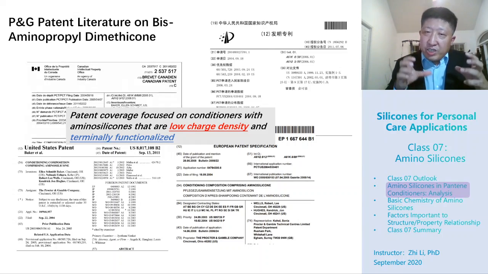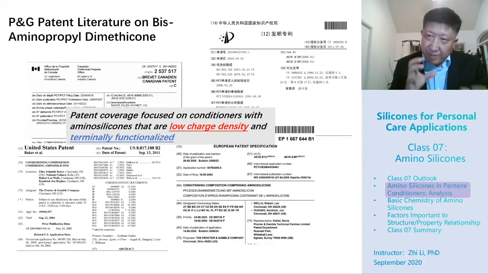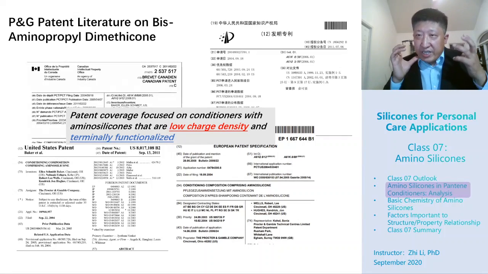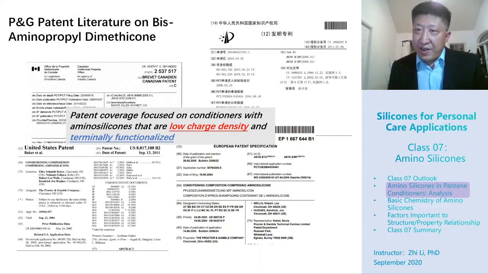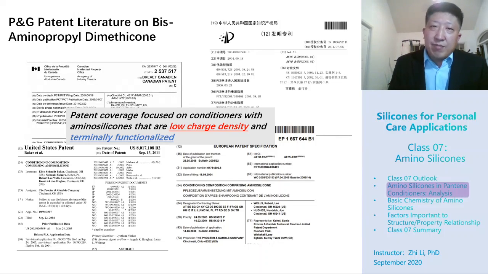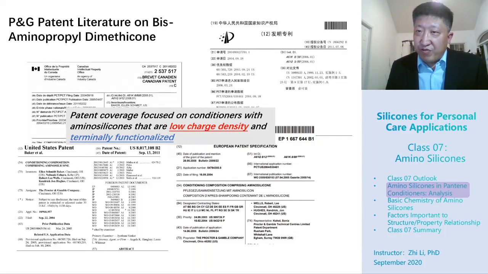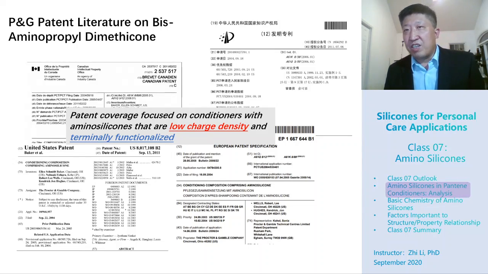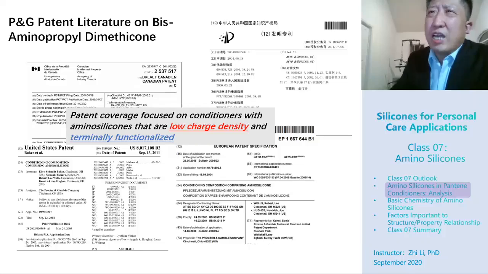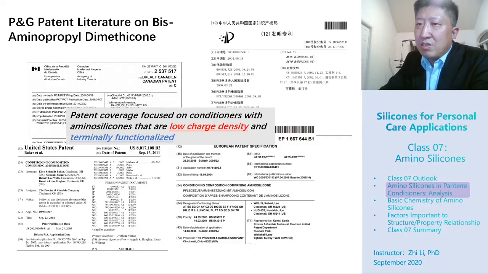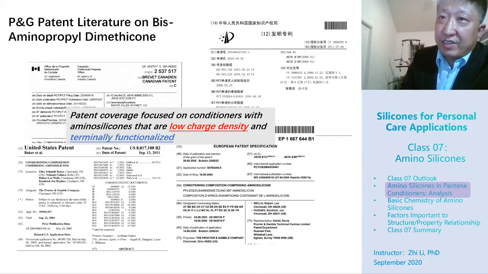They want to specify those physical chemistry elements and cover them, and those elements are really important, definitely, because they spend a lot of effort on those understandings, and we want to learn from their patents. If we look at the aminopropyl patents, I think there's a huge patent family here. But some patents have focused on aminosilicones that have very low charge density and terminal functionality.